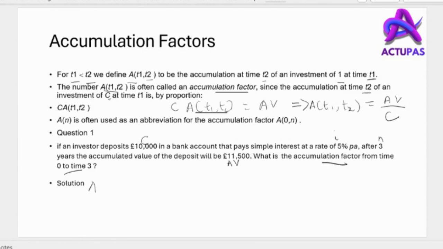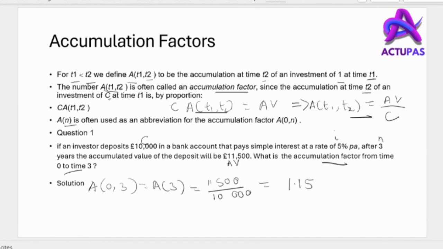So we know that A(0,3), from this formula, is equal to the accumulated value, which is 11,500, divided by the capital, C, which is 10,000. This is equal to 1.15.